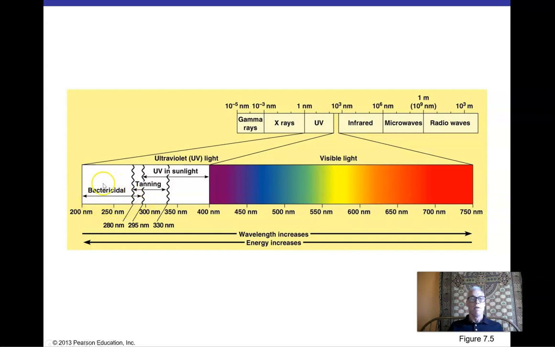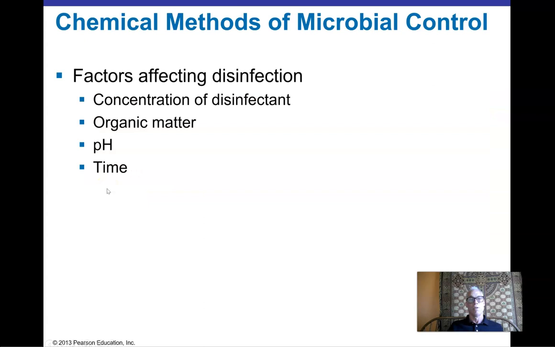So down here in this short wavelength range of ultraviolet light, we can sterilize. In fact, our tissue culture hoods in the laboratory use an ultraviolet lamp to sterilize the interior of the hood when we're not using it.